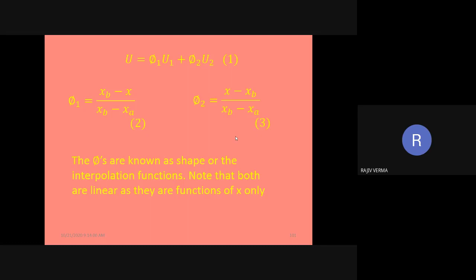By quadratic expression, I mean an expression such as y is equal to mx square plus nx plus c. It has three unknowns, that is m, n, and c, and the quadratic element has three nodes. Two of the nodes are obviously going to be at the end of the domain, and the third node is supposed to be located somewhere in the middle of the domain.